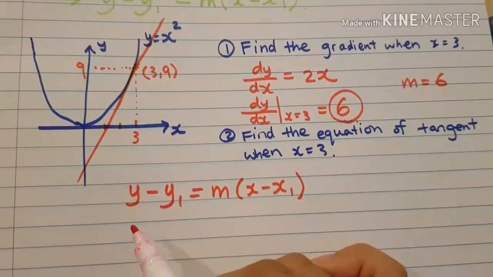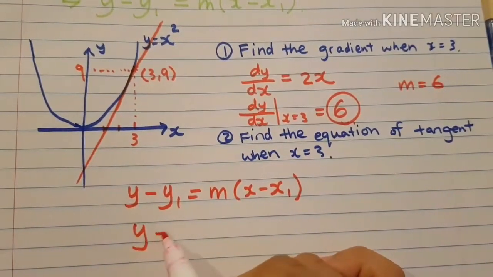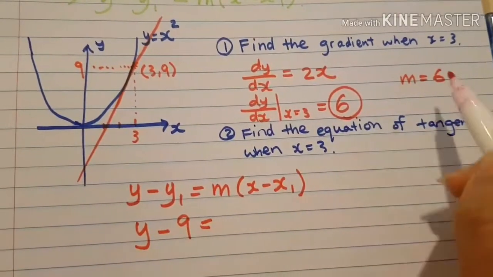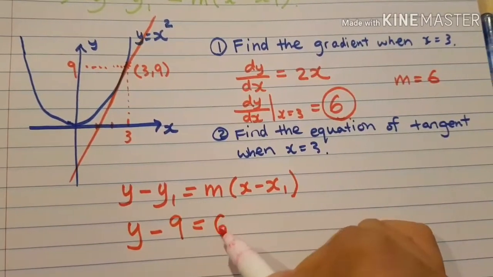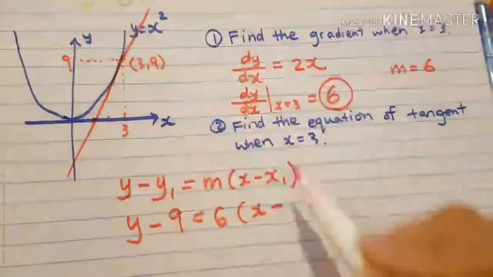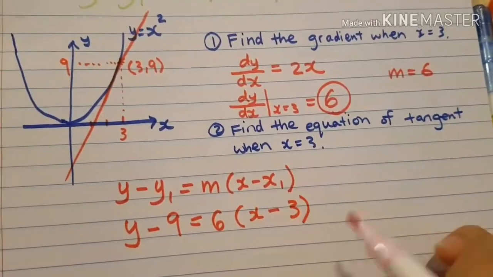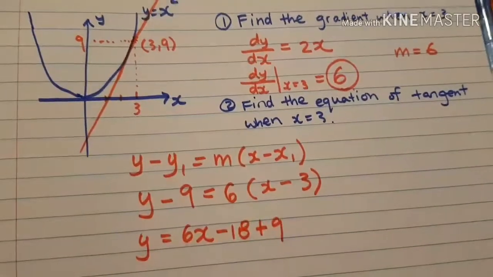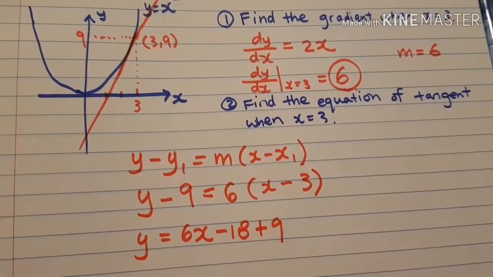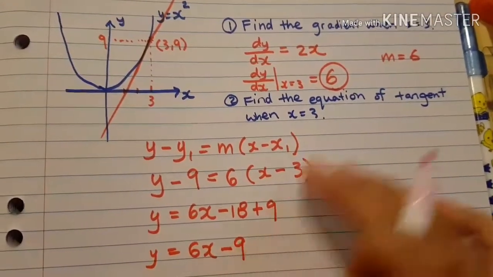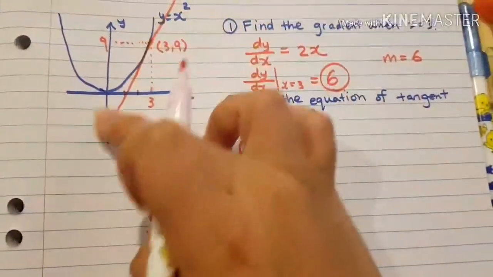So y minus y1, which is 9, equals m, which is 6, times x minus x1, which is 3. I can calculate and simplify. There you go, this will be the equation of the tangent, the red line.